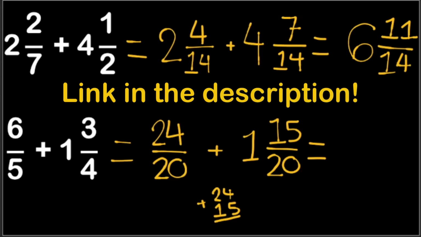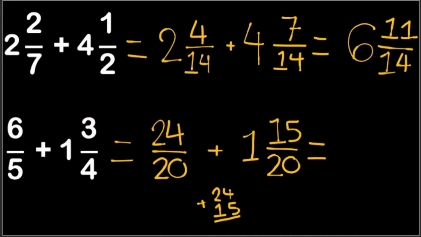And I'll add the links to the videos I'm suggesting into the description. So don't worry. Okay, 4 plus 5 is 9, and 2 plus 1 is 3. So the answer to the sum of the numerators is 39. Keep the original denominator, 20, and the whole number carries over.